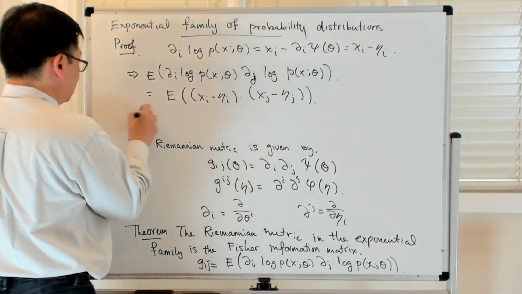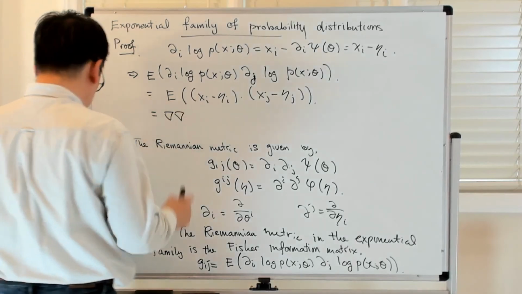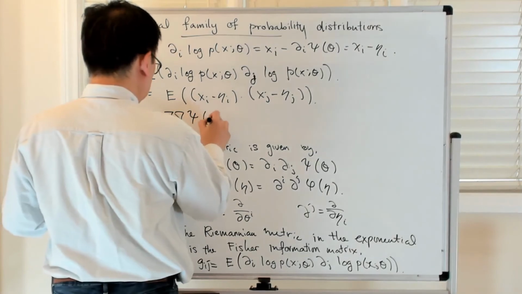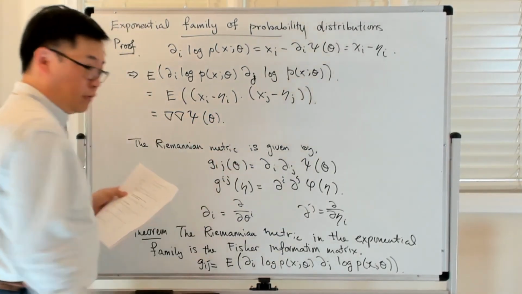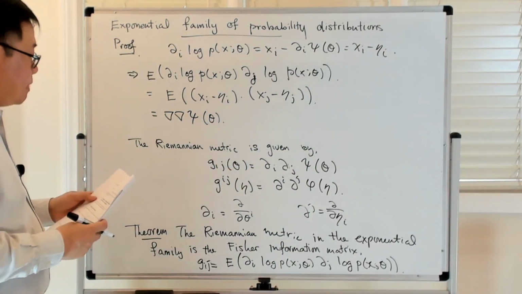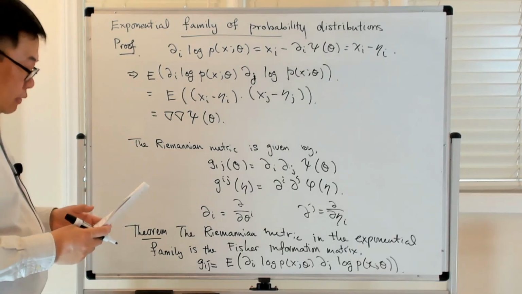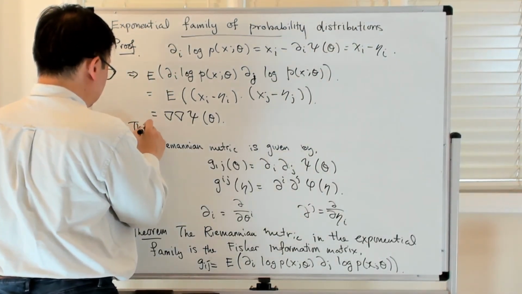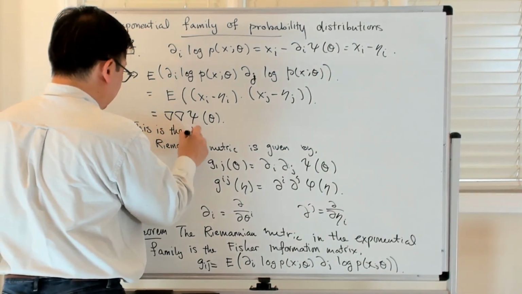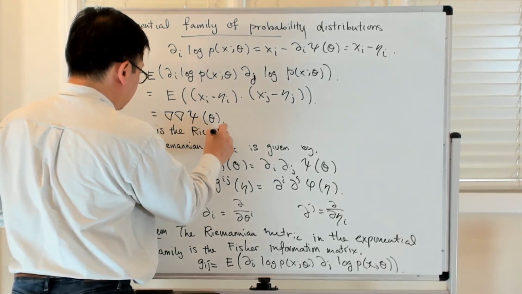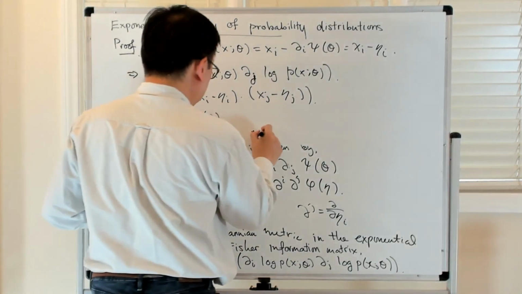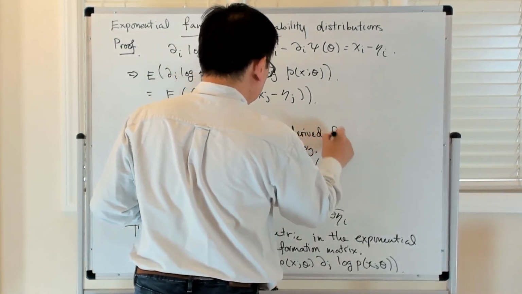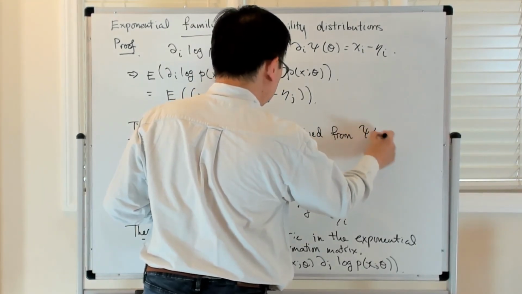This turns out to be equal to the Hessian of the phi function, which of course is how we go about constructing a Riemannian metric from the convex function. So this is the Riemannian metric derived from phi.